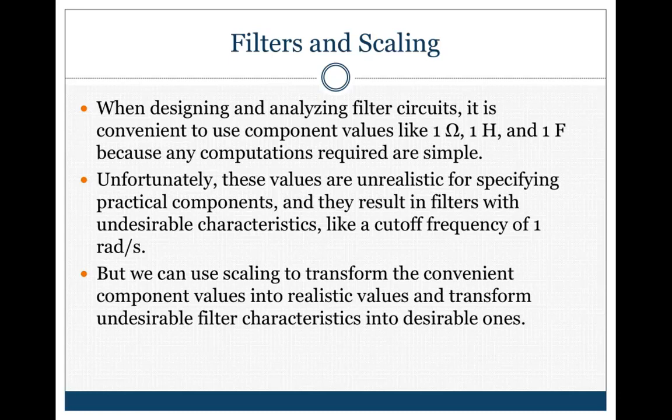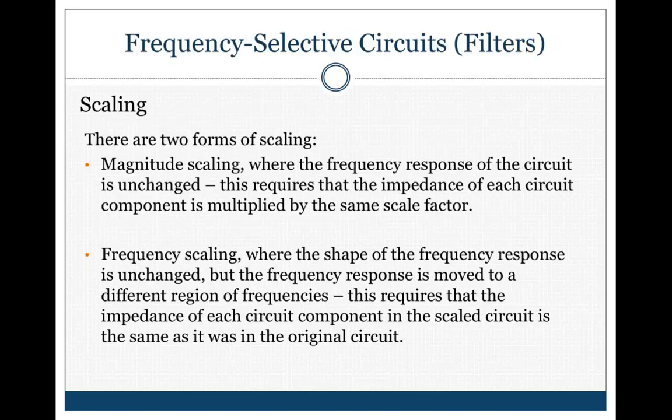However, what we can do is if we design around these convenient component values, we can then use scaling to transform the undesirable filter characteristics into desirable ones and the convenient component values into realistic ones that we can purchase.